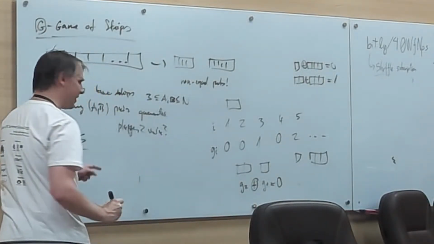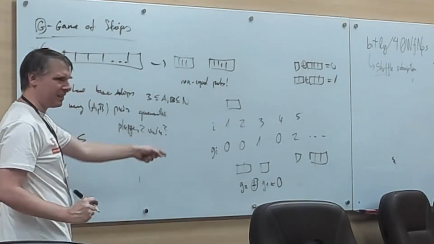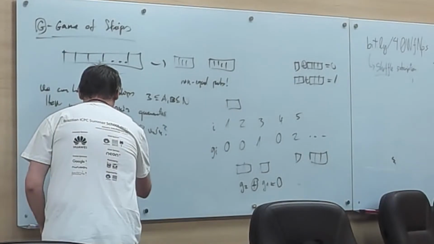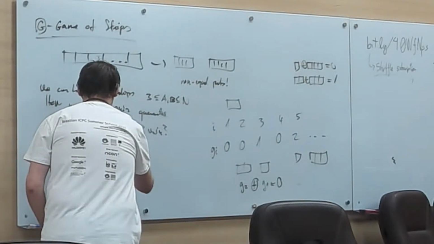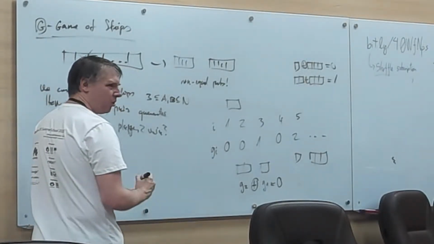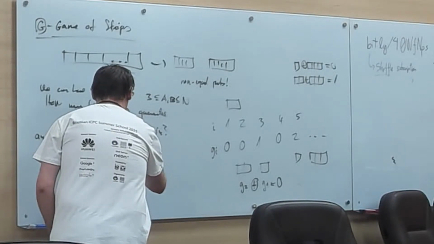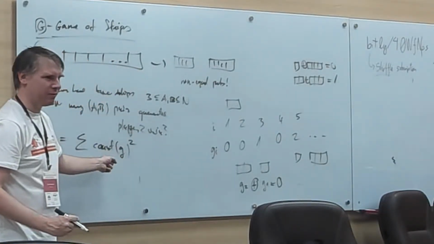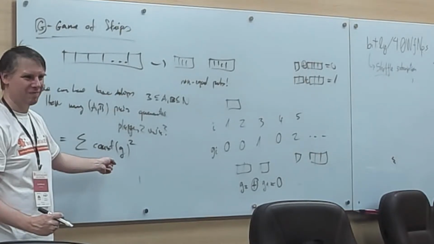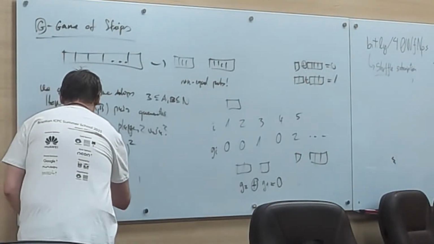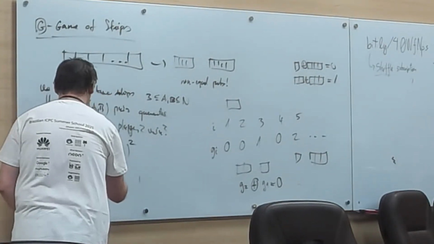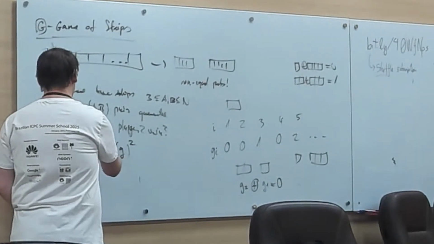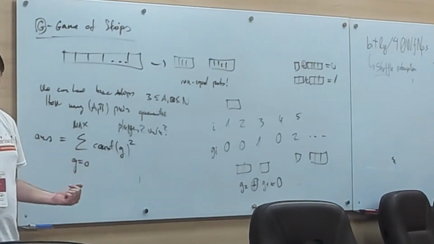So the answer is, well, if you know how many times some specific Grundy value occurs, then you just need to take pairs of these occurrences and sum them for all Grundy values from 0 to the maximum Grundy value that occurs.